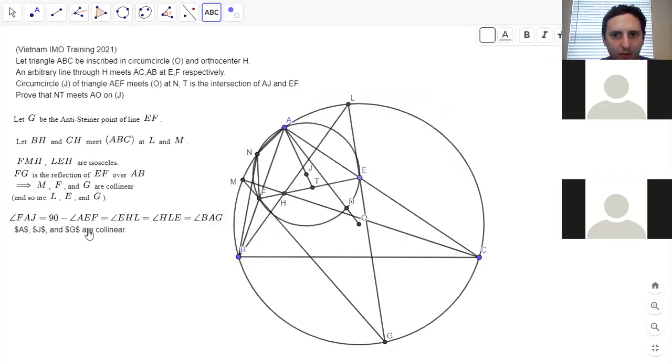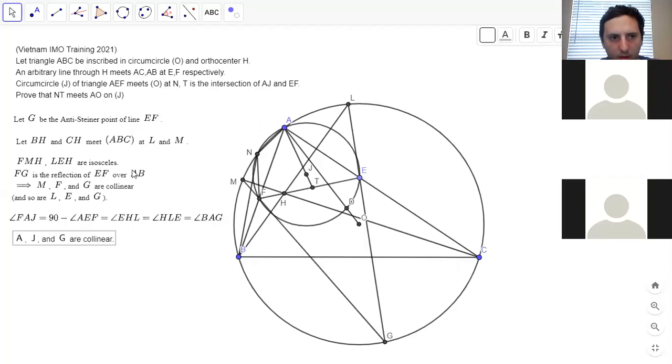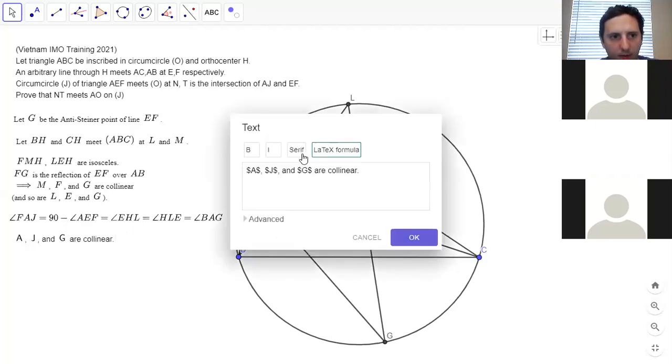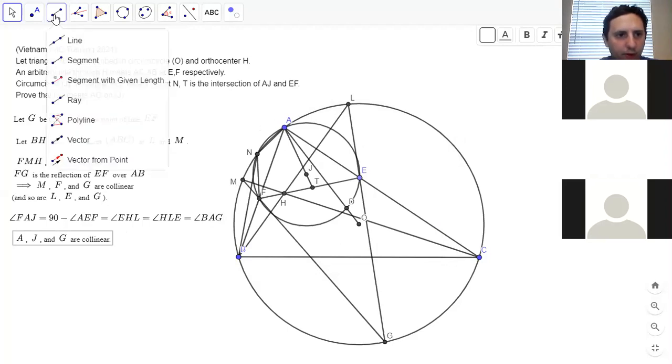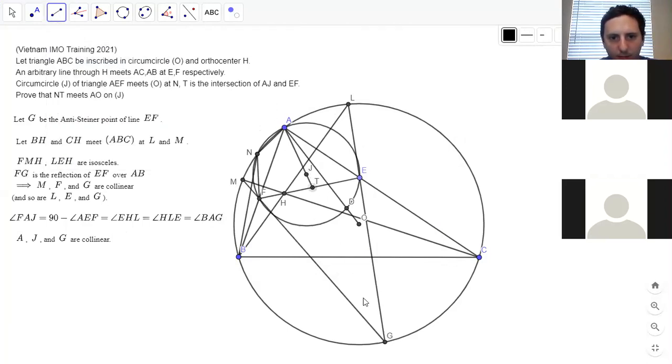Okay, once we know A, J, and G are collinear, does that help solve the problem?